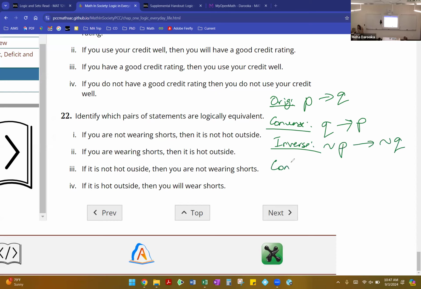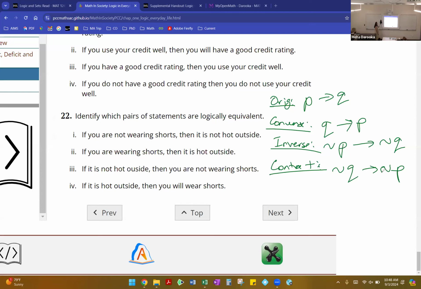And the contrapositive is switching the order and negating. So remember, original and contrapositive are equivalent, and converse and inverse are equivalent. That's what we're trying to identify.